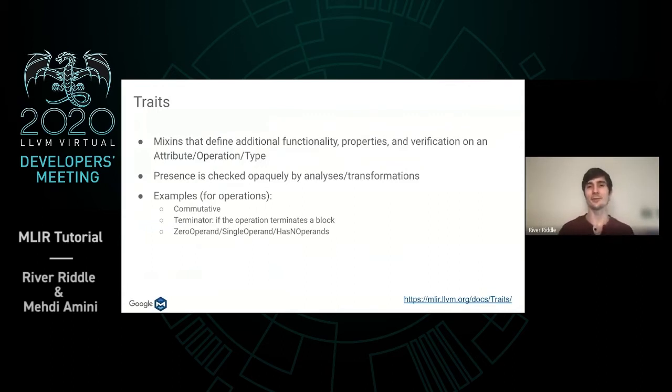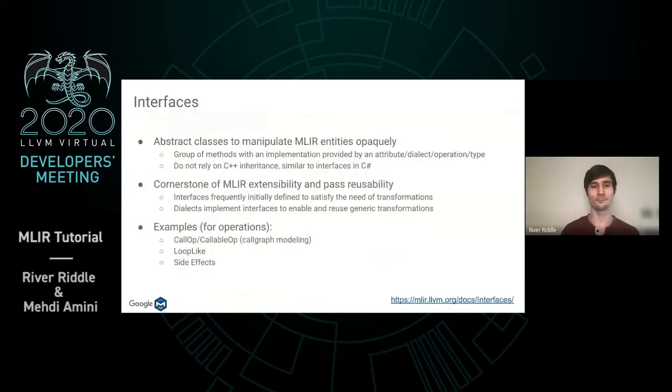So the actual definition of these op classes is very simplistic, and we just reuse the traits to make sure that we're not defining the same logic over and over again. So traits are a great way for adding new properties, functionality to an operation or other entity.